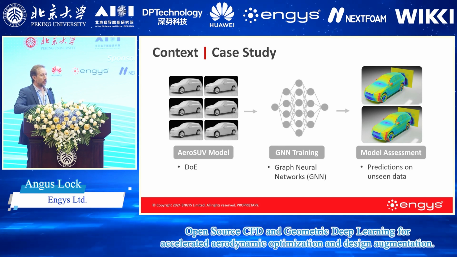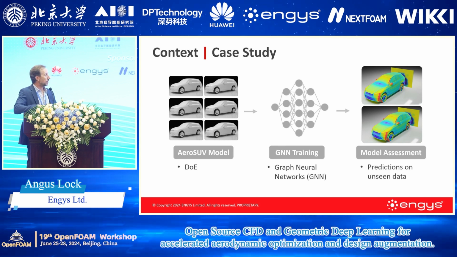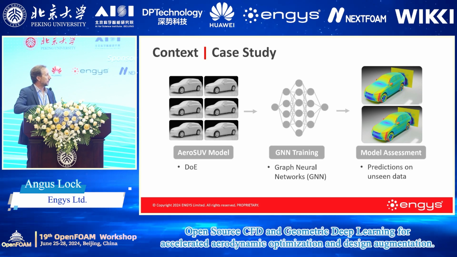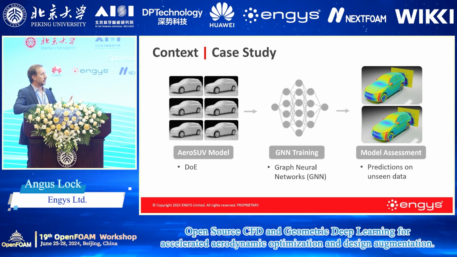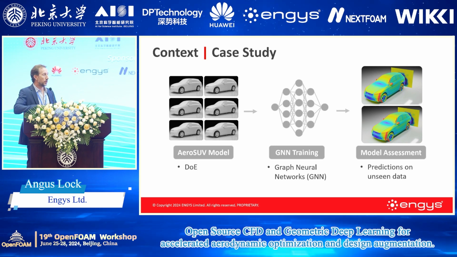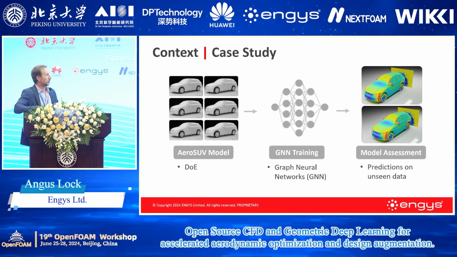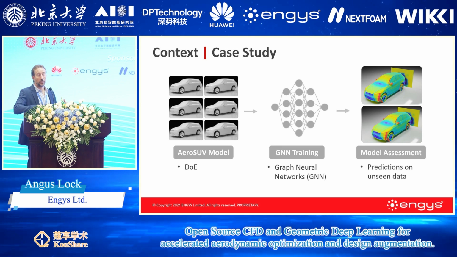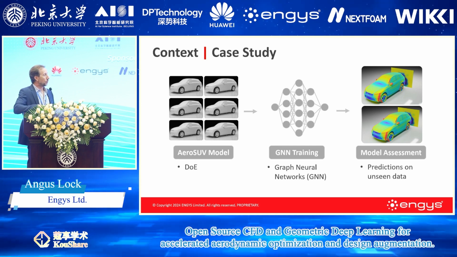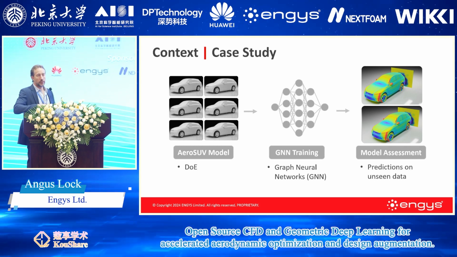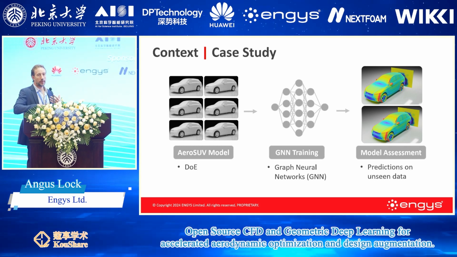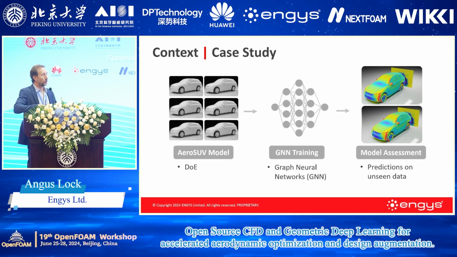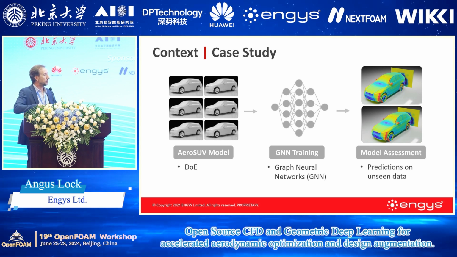So we ran a fairly traditional DOE on that model, and then we're taking that data and using a graph neural network to train a machine learning model, and then we can assess the accuracy of the predictions from that model, and also understand the work scope and the workflow for the process, so that we can best propose to the design studio how to integrate this tool into their day-to-day work.